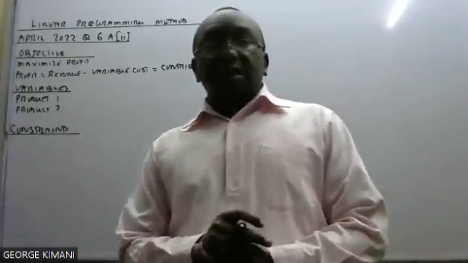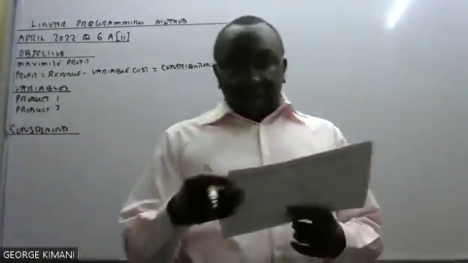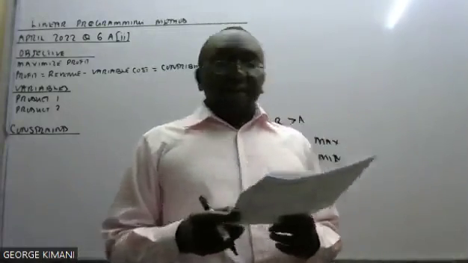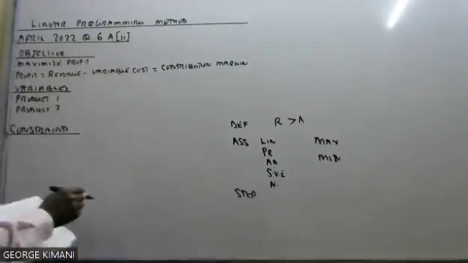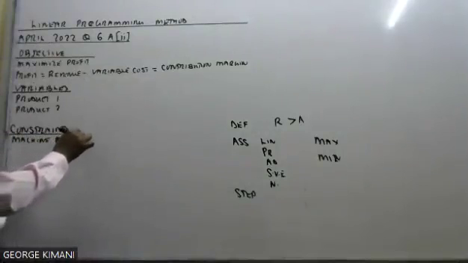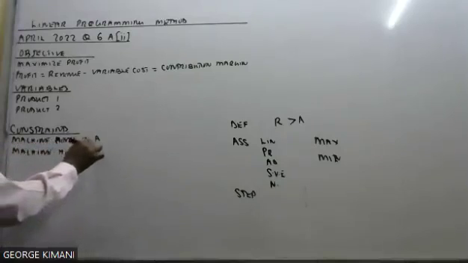So you check whose quantity has been provided. Upon check, you can see the machine hours in A, and there is also machine hours in B.